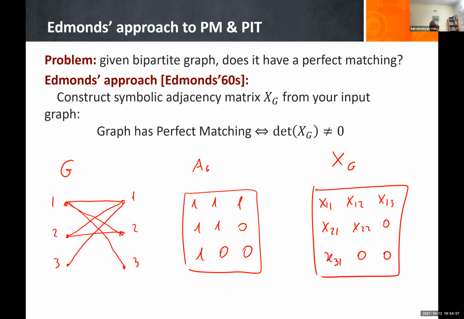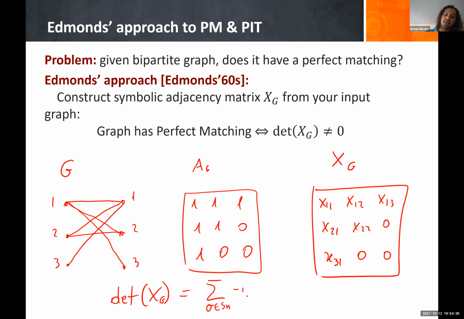What Edmonds said is, look at the determinant, which we all know and love, and which we were also exposed to in Avi's lecture. If you remember, what is the expression of the determinant? It is the sum over all the permutations. And remember, permutations here correspond to perfect matchings; a permutation is a perfect matching in the bipartite graph.